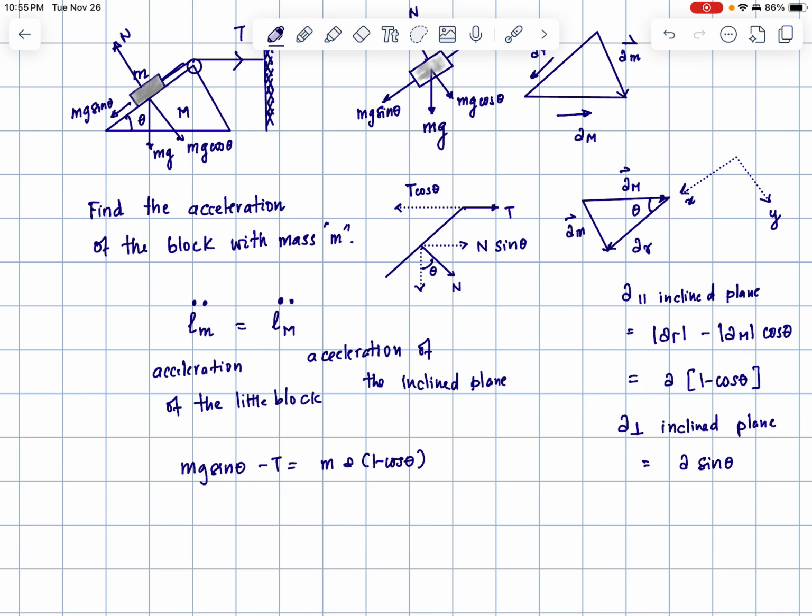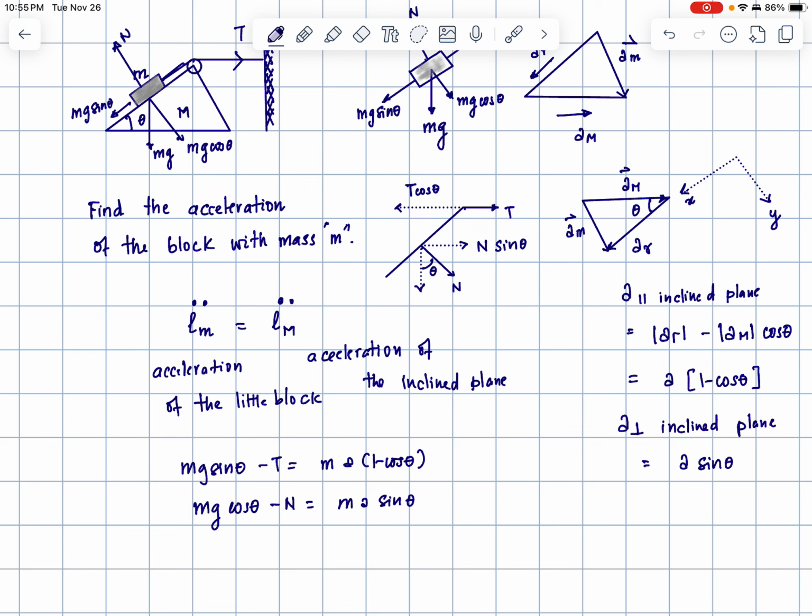Now if we write the same equation of motion for a direction perpendicular to the inclined plane, we get mg cosine theta minus N equal to m times a times sine theta.